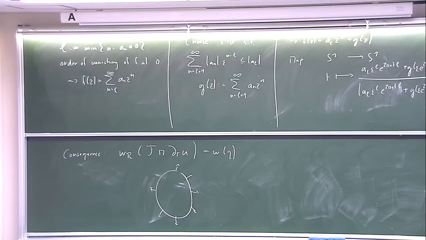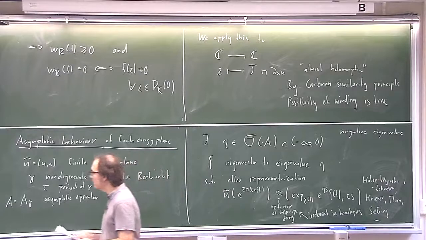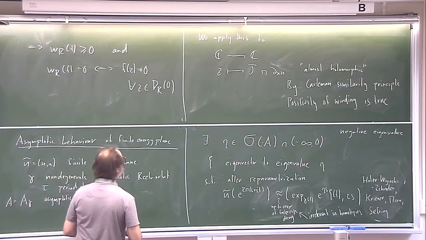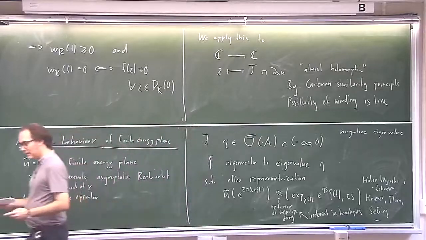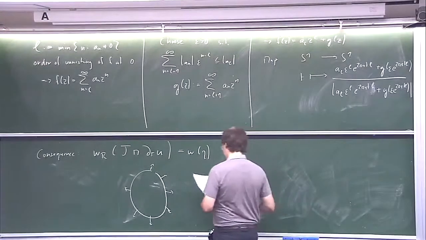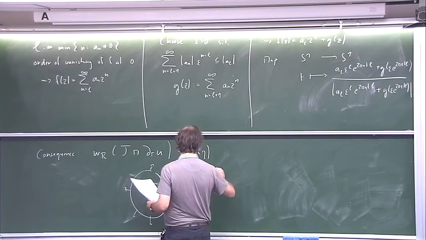Now we just need to see how the winding numbers are related, if we have here dxu and here dru, for R large enough.